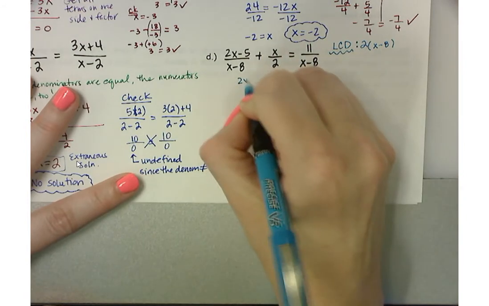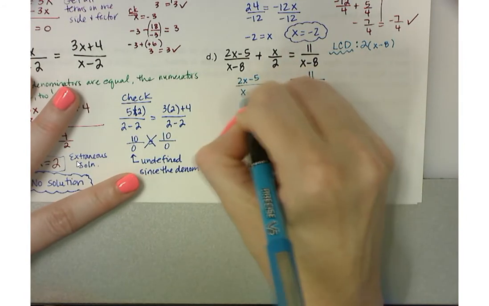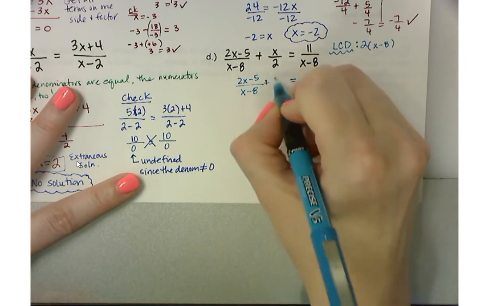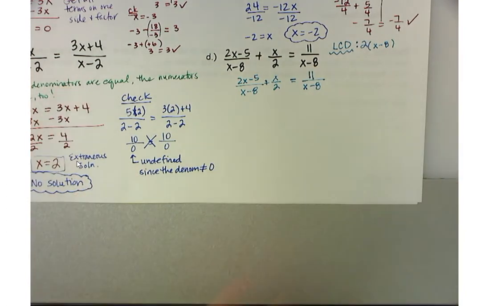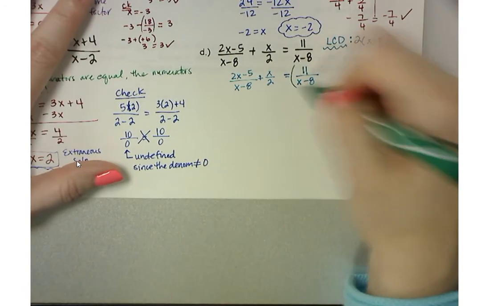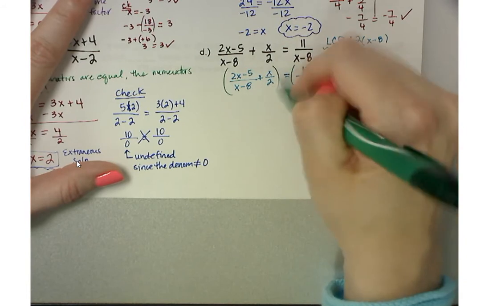Okay, so the key here is to remember that you are going to be multiplying both of these by the 2 times x minus 8. Because you only have one fraction here, those do cancel out.